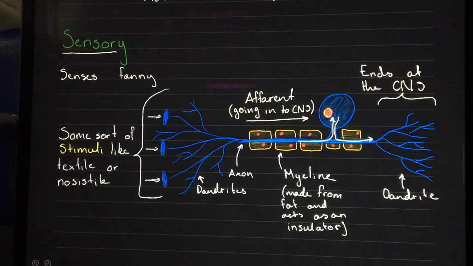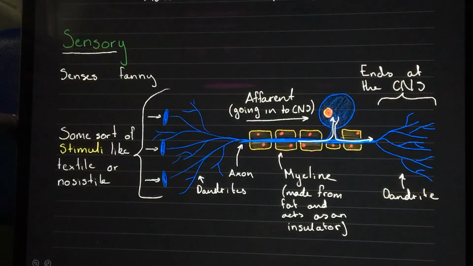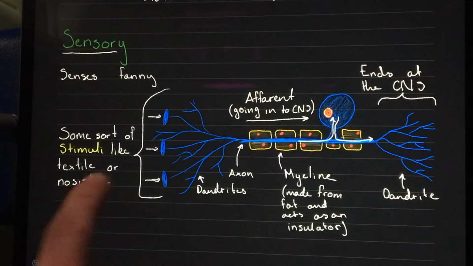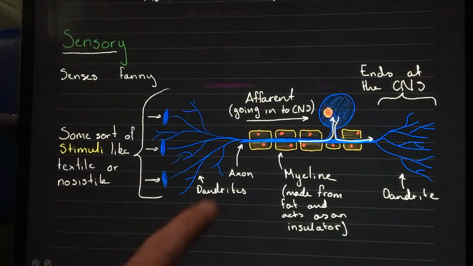Sensory. Senses fanning, so to speak. You can remember it like that. So there will be some sort of stimuli, either tactile or nociceptive. Nociceptive means pain. Tactile means touch of some sort. Either way, the receptor cell will catch it on.